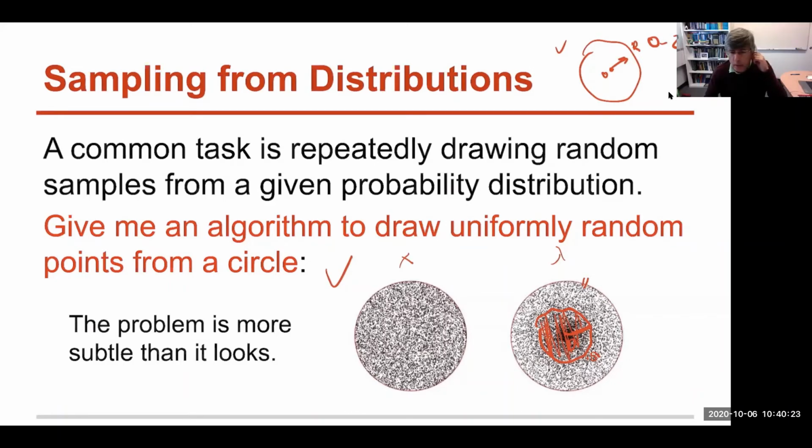So the answer is no. More of the area of the circle lies outside that radius. And so if we did sampling using polar coordinates, a lot more of all the points lie within the center, the inner half of the circle, than lie on the outer half of the circle. So this came from polar coordinates. Okay?